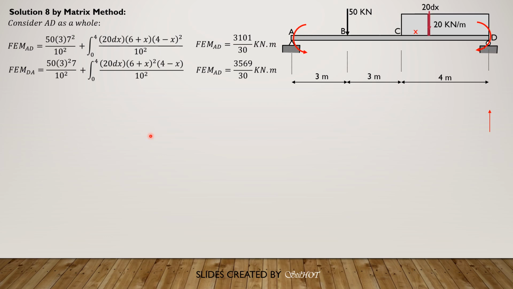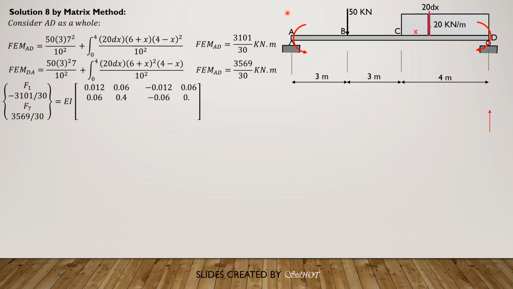Then let's set up the matrix equation. So we have already the forces. The vertical forces or reactions are not important here. So let's just call it F1, then negative 3101 over 30 because this is counterclockwise. So the nodal force at A or at 2, because this is 1, 2 is clockwise and it is negative clockwise.